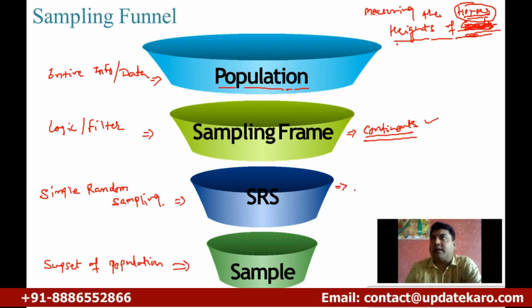I will collect some data from Africa, some from Asia, some from Europe, some from the US, right? After collecting the heights of horses, maybe I have 4 or 5 different samples as per the continents, say 1,000 each.